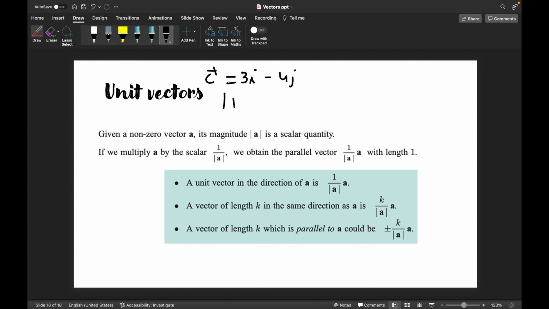So the magnitude of c is going to be the square root of 3 squared plus 4 squared. That's 9 plus 16, which is 25, so the magnitude is 5. And therefore, the unit vector is 1 by 5 multiplied by (3, minus 4). So that's basically it. That's how you find the unit vector. It's as simple as that.